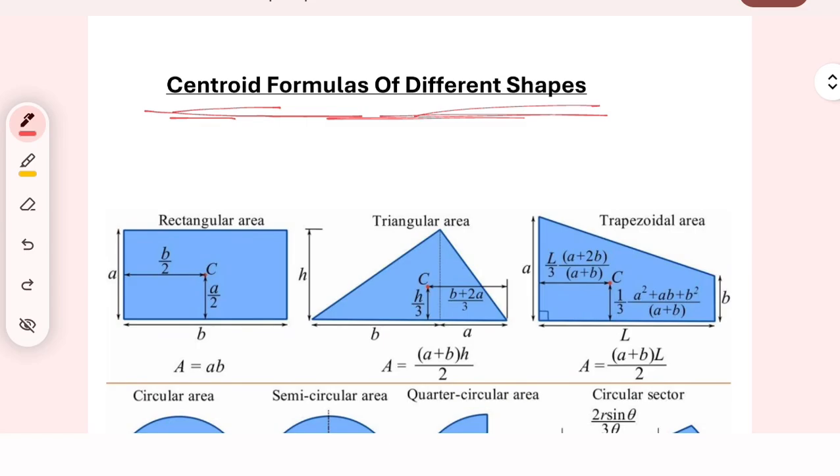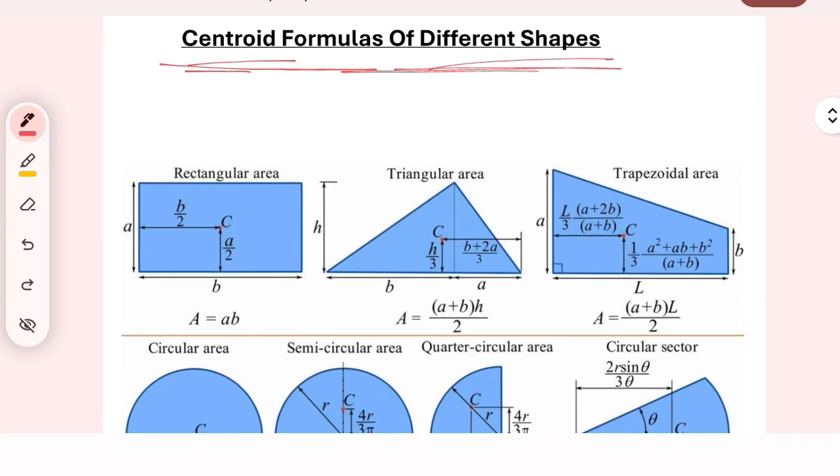We need to compute the centroid because, especially in engineering mechanics, there are sections where you have to solve for centroids. Usually you would encounter different shapes, and you need to memorize the centroid of these different shapes, so it would be easy for you to actually compute them.